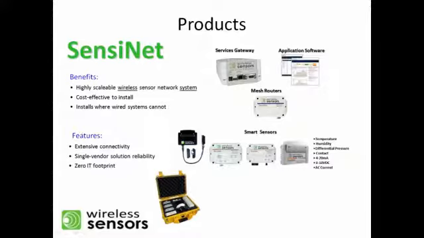And then there are a bunch of other sensors that will look at things like humidity, differential pressure, current, contact closure, 4 to 20 milliamp input, or 0 to 10 volt input.